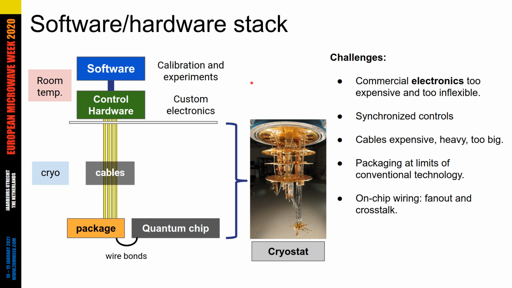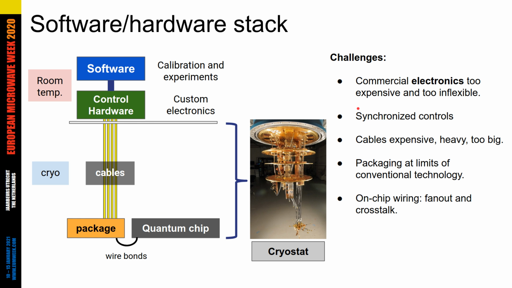Now, some of the challenges involved in this system are listed here on the right. Commercial electronics are too expensive and too inflexible for our project, so we've had to make a lot of things ourselves, and that's an area where the microwave community has and will continue to make significant contributions.